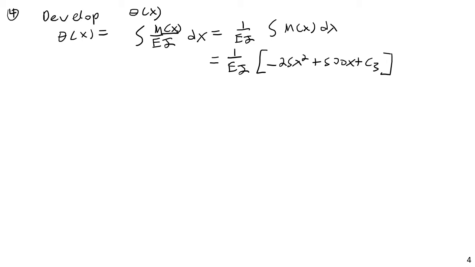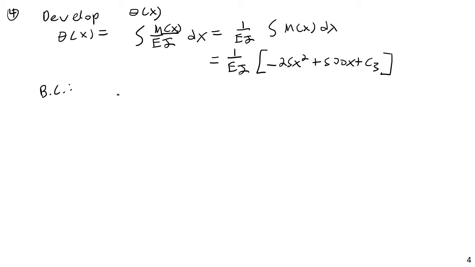Okay, so we need some boundary conditions. So I'd like to take a bit of a break here and talk about boundary conditions for deflection and for curvature. So possible boundary conditions.